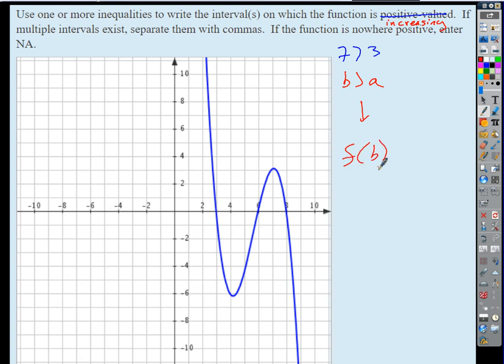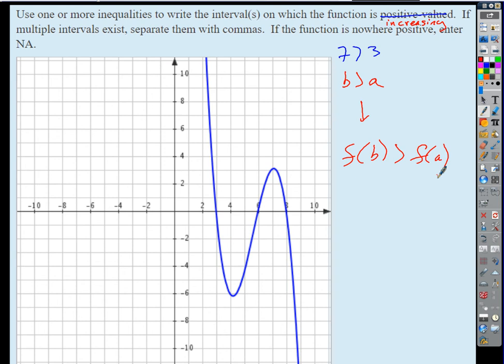So f of b would have to be greater than f of a, wouldn't it? Right? If the function's increasing, for a value of b that's greater than a, that means to the right of a, doesn't it? On a graph, the y value would have to be greater at b than at a, so it'd have to be moving uphill. Everybody see that?